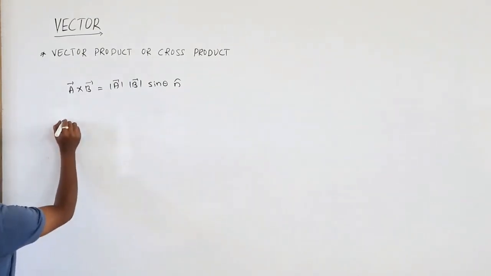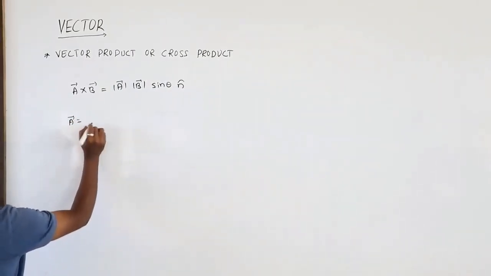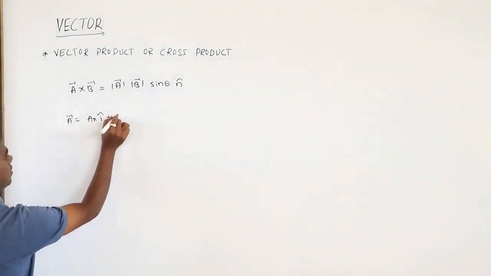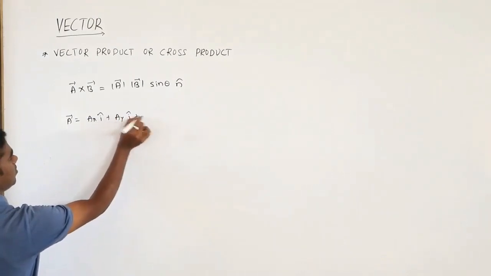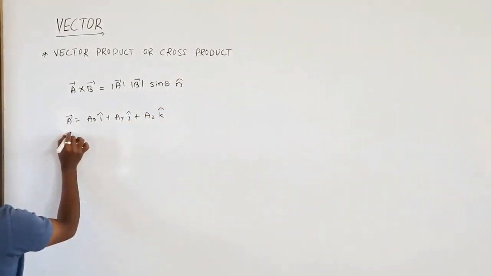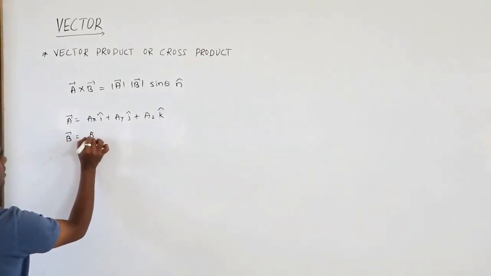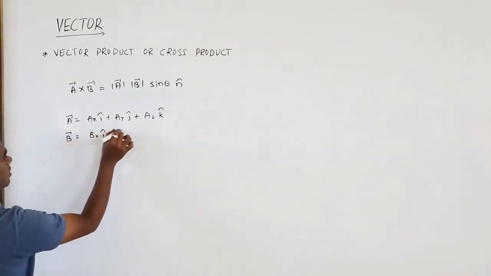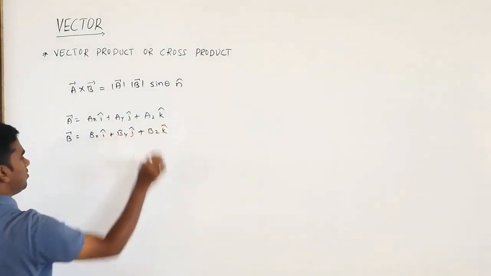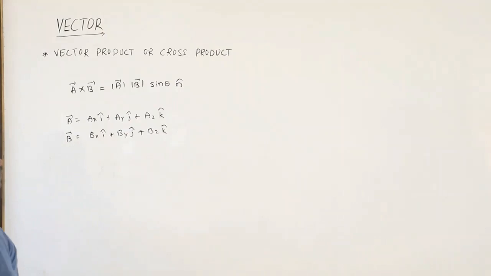Suppose the vectors are like this: vector A equals ax i cap plus ay j cap plus az k cap, then vector B equals bx i cap plus by j cap plus bz k cap. If this is the case, how can we get A cross B?